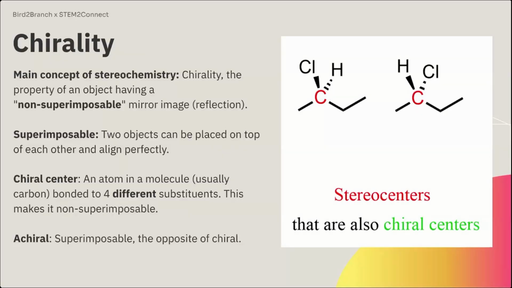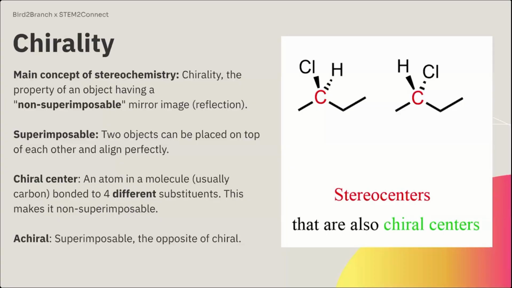But if you put one of your hands on top of another one of your hands, that might not necessarily be true. So a molecule is chiral if it cannot superimpose on its mirror image, unlike the water bottle I just explained to you. On the other hand, a molecule is achiral if it can be superimposed.